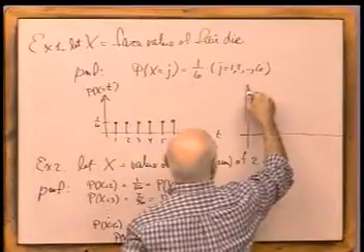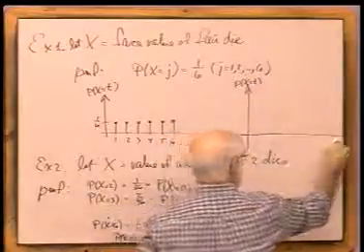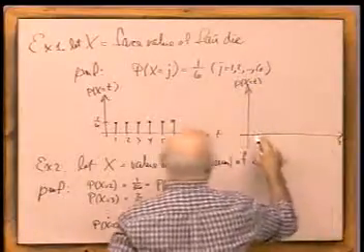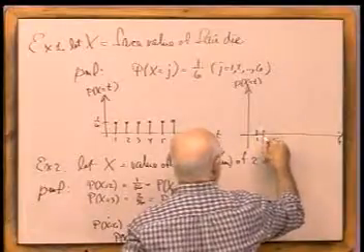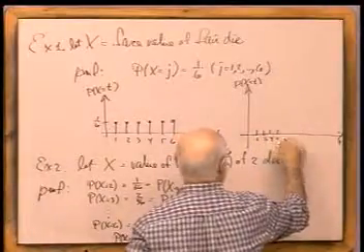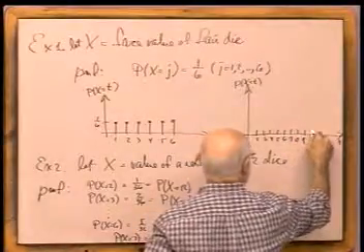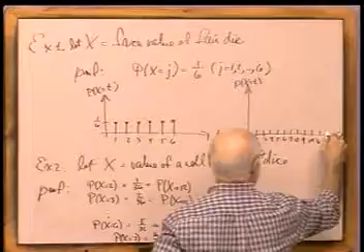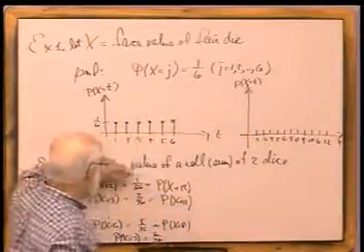Here is the probability that x, which is the sum of the dice, equals t. That's t. Here, possible values are 2, 3, 4, 5, 6, 7, 8, 9, 10, 11, and 12. And now the probabilities, though, are not all the same. They're different.